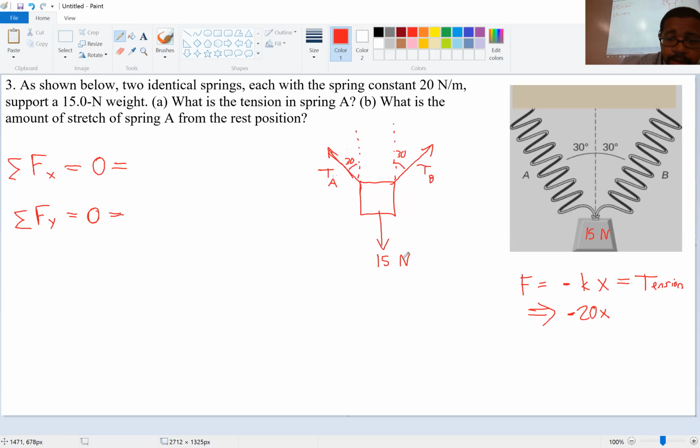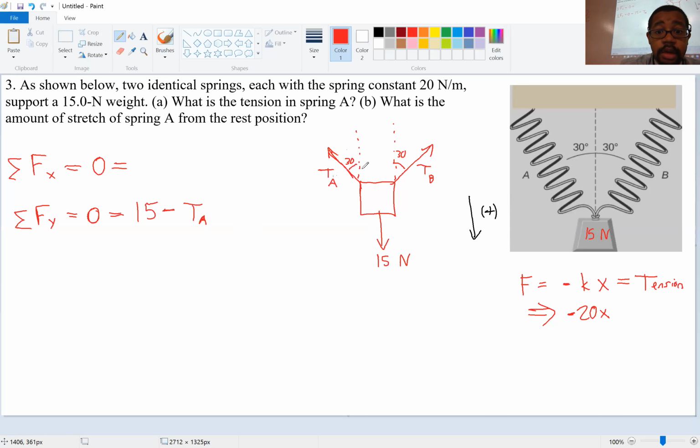All right, there we go. So for Y, we have this, where downward is positive. We're deciding. And so we've got 15 minus, we want the part of TA that acts parallel to this. So that's going to be TA times sine or cosine. Which one is it going to be?